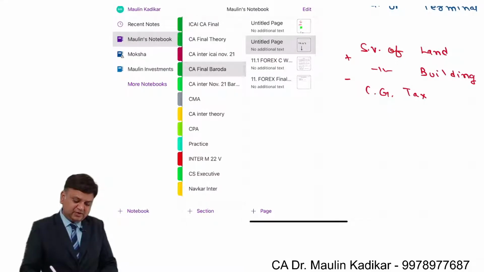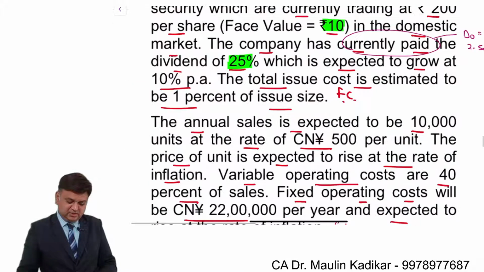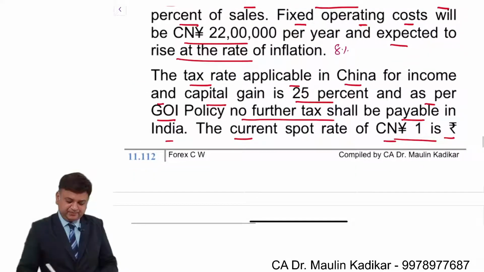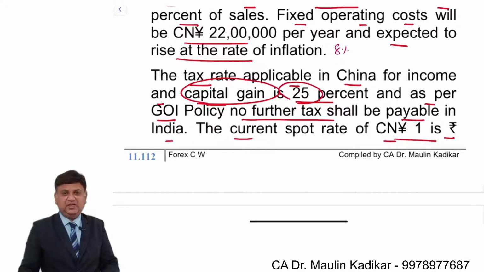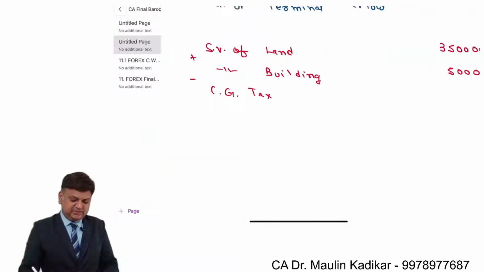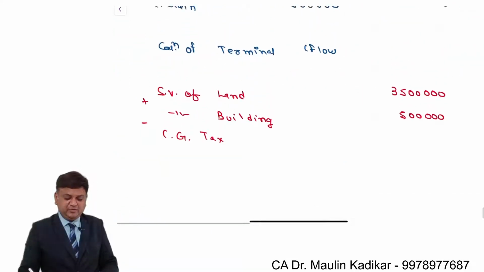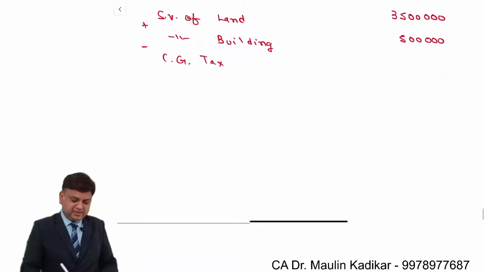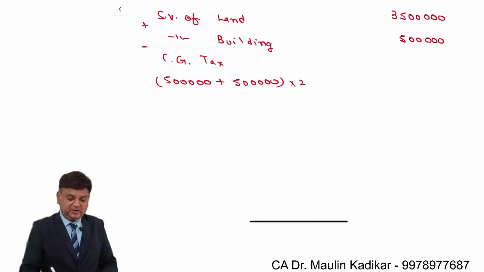We have been provided with very good information in the question without any ambiguity that capital gain tax is also 25%. Even if that information would not have been given specifically, we would make an assumption that the capital gain tax rate and income tax rate is same. So 5 lakhs plus 5 lakhs, total it is 10 lakhs into 25%.